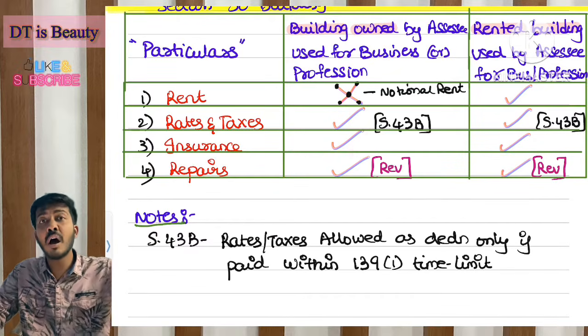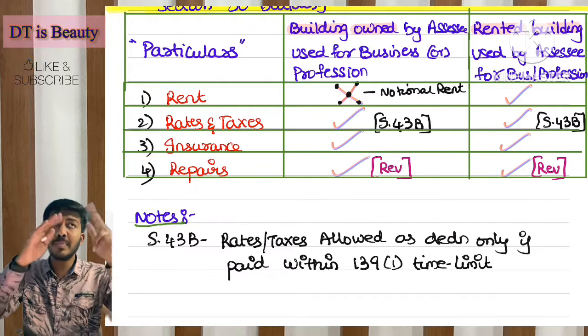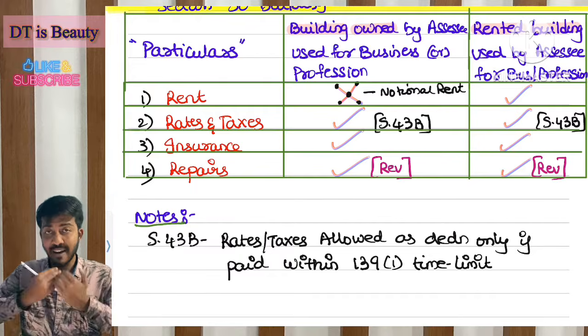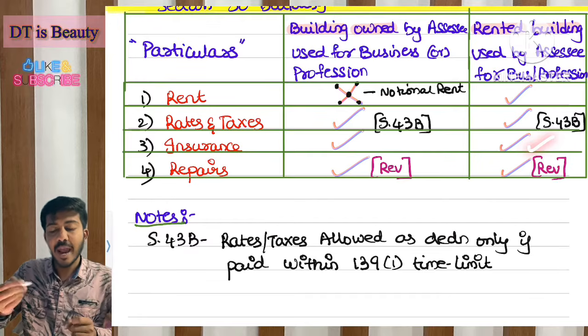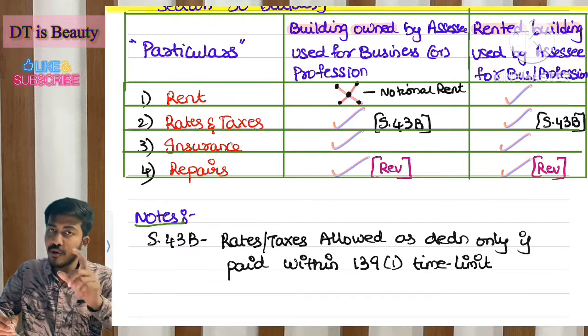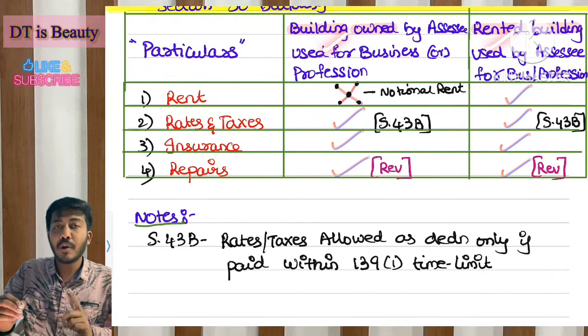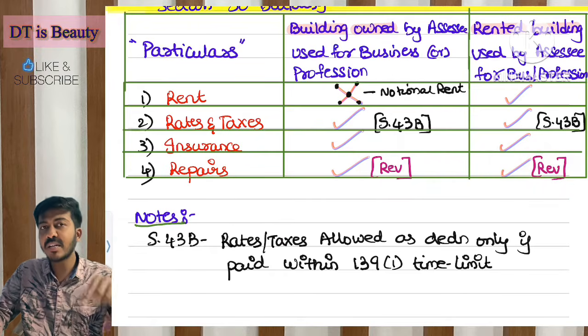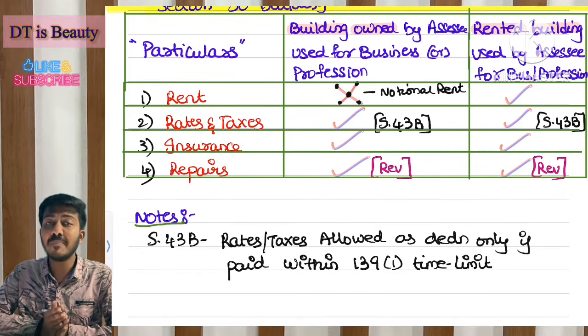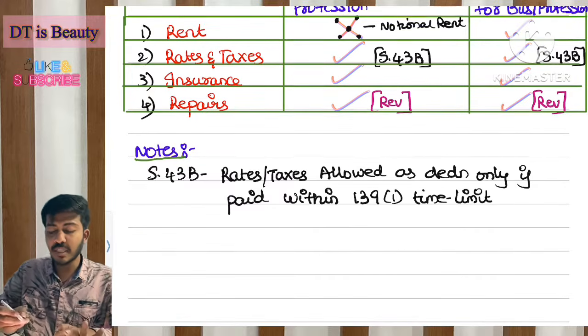And even for a third person's building, whose building you have taken on rent for our business, if I pay insurance for this building, still I can take it as deduction. And come to repairs. Repairs is allowed as deduction related to this building, provided it is revenue in nature. If it is capital in nature, it has to be added to the assets in the balance sheet. It should never come to the P&L.